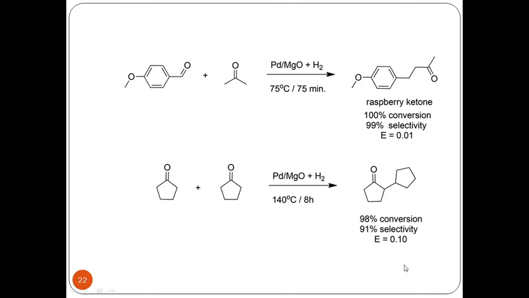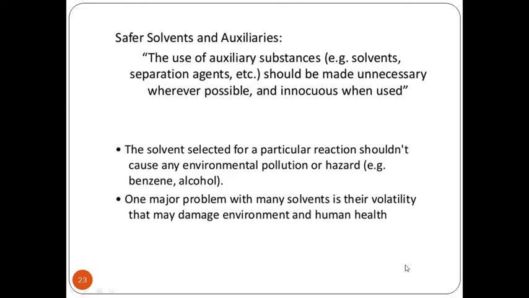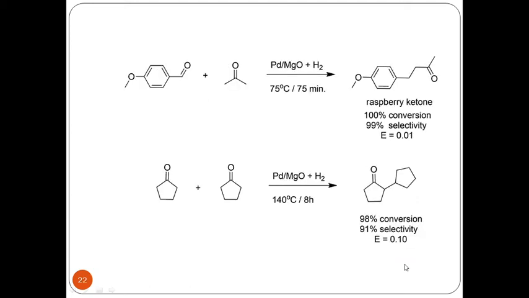So these two reactions are highly selective reactions. In this way, the concept of selectivity is observed in green chemical reactions. We have now seen atom efficiency and the selectivity of green chemical reactions.